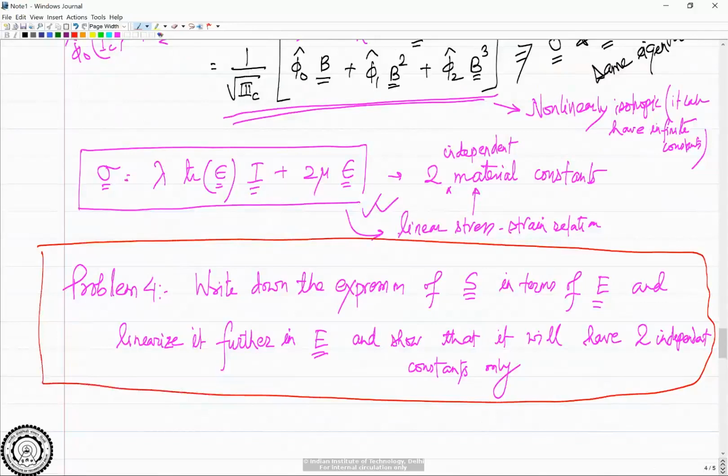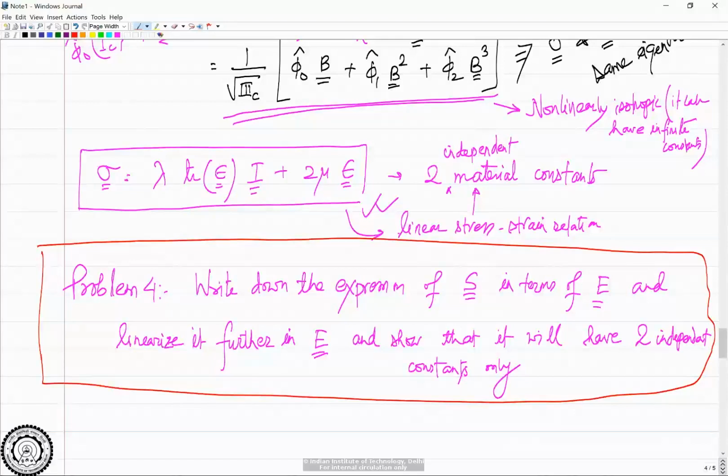Sir, so what exactly happens to the other constants when we take this linear assumption? You work it out and see what is happening. So you already have the nonlinear expression. Try to linearize it using Taylor's expansion. Do the Taylor's expansion of the function in terms of E. All the functions.